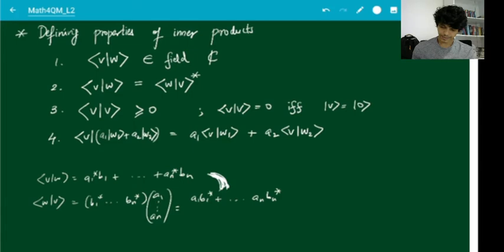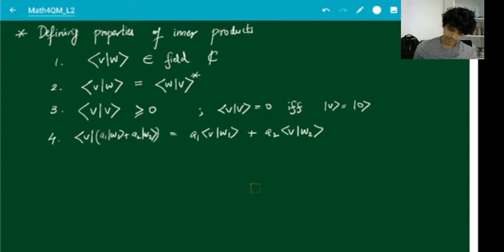Third one: if I take the inner product of V with itself, it is going to be A1 star A1 plus An star An.